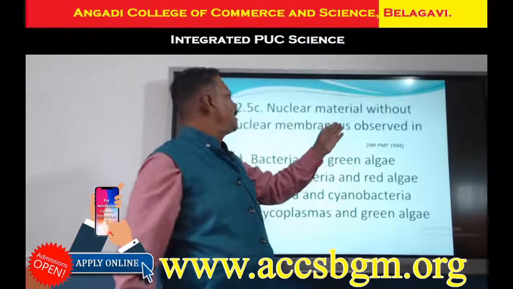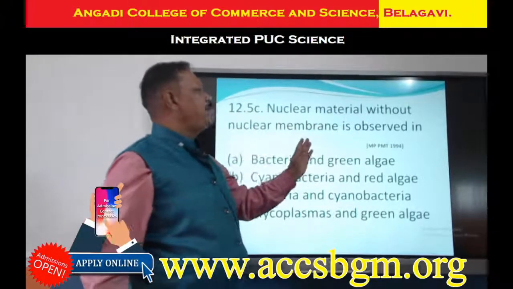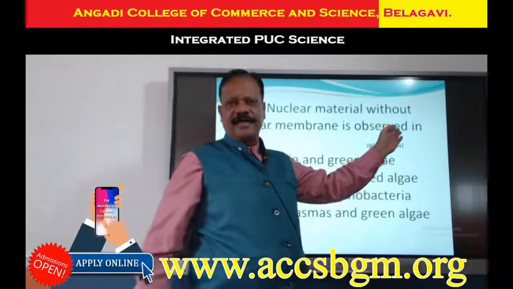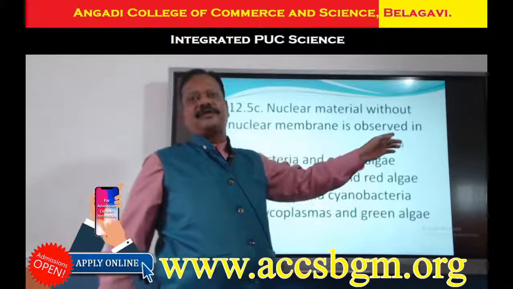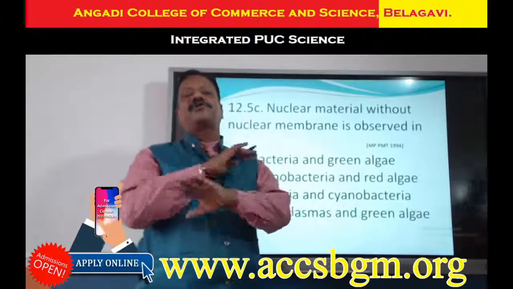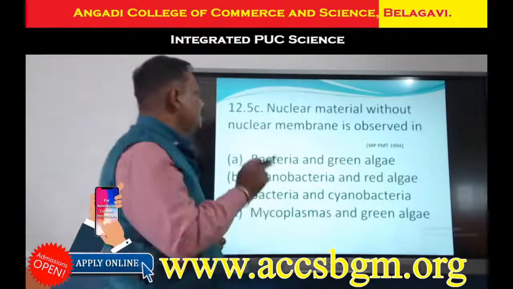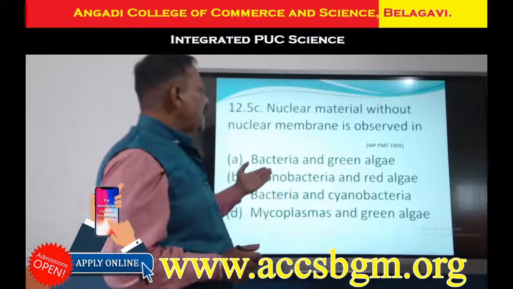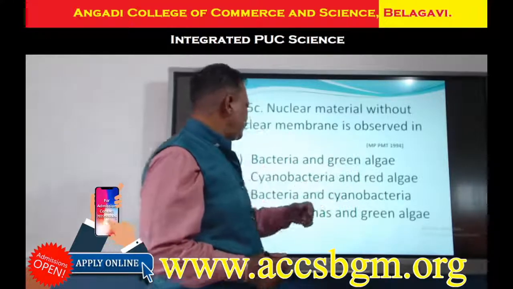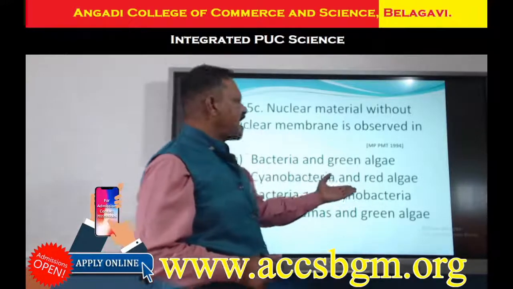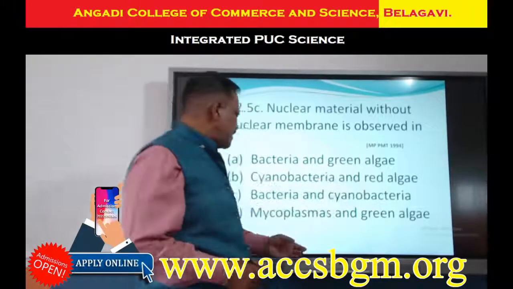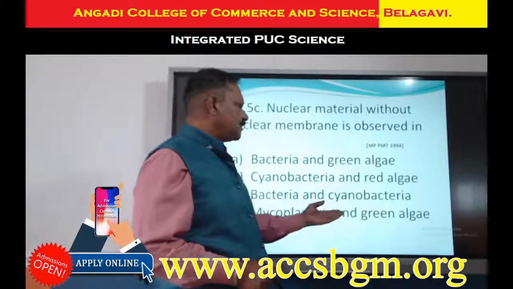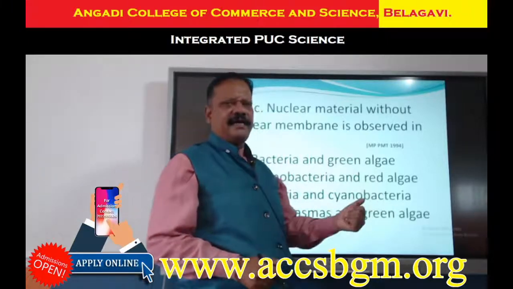Nuclear material without nuclear membrane is observed in? Where are you observing it without nuclear membrane? Bacteria and green algae, cyanobacteria and red algae, bacteria and cyanobacteria, mycoplasmas and green algae.